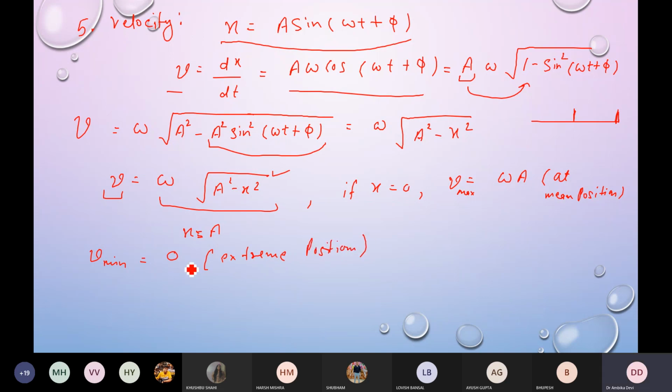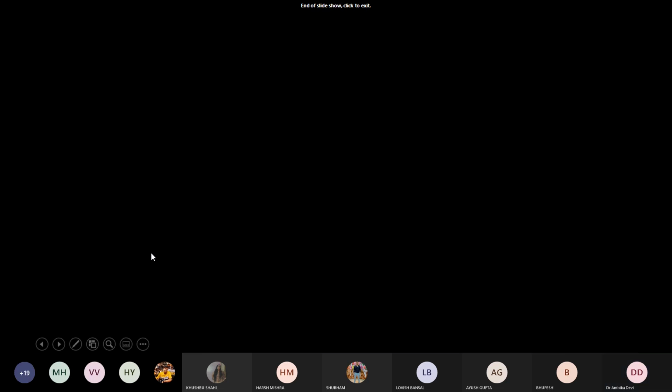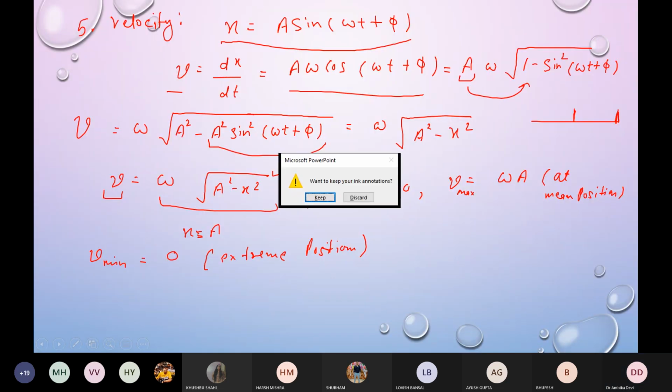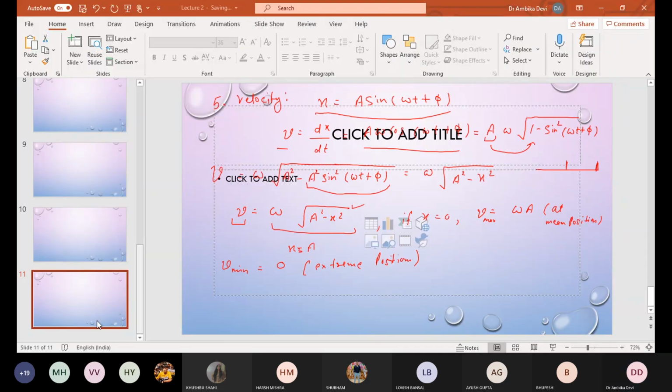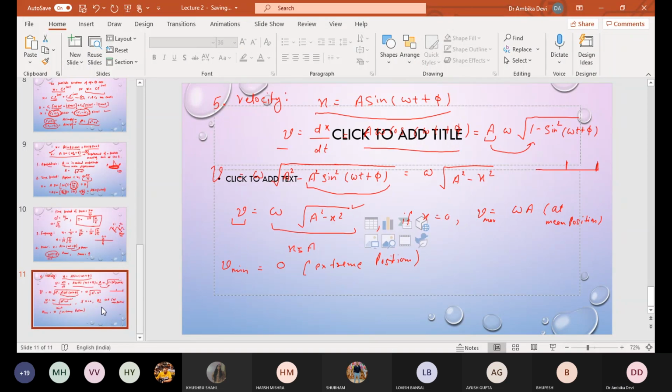Similarly, we can also interpret the acceleration.